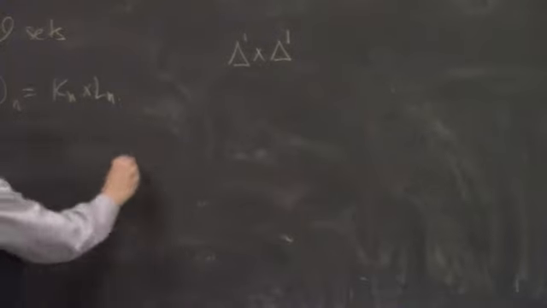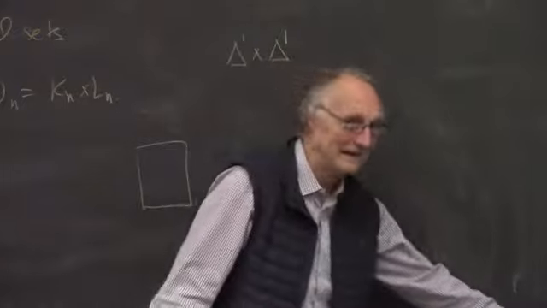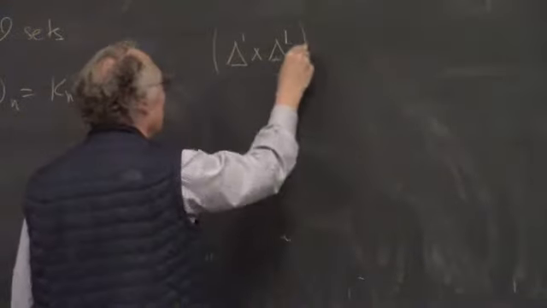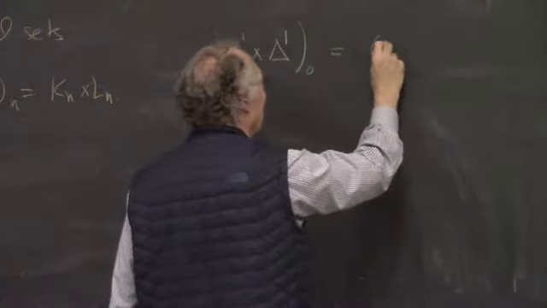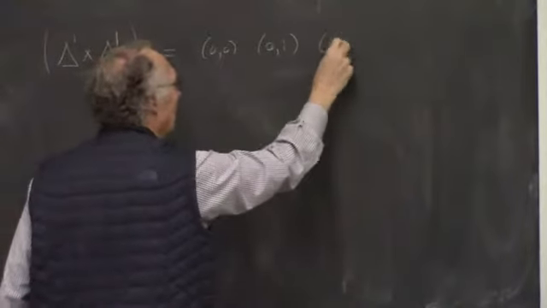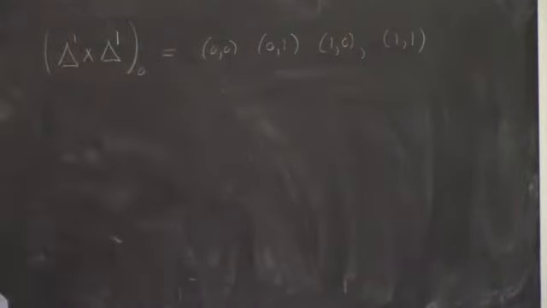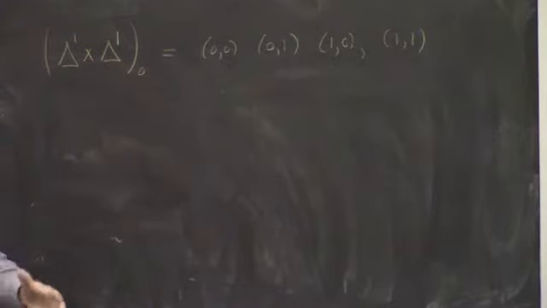Yeah, so we'd like to get something like this, right? Well, let's think about its zero simplices. Well, it has 4 of them, right? It has (0,0), (0,1), (1,0), (1,1). It's the product of delta 1 zero simplices with delta 1 zero simplices, those pairs of zeros and ones.